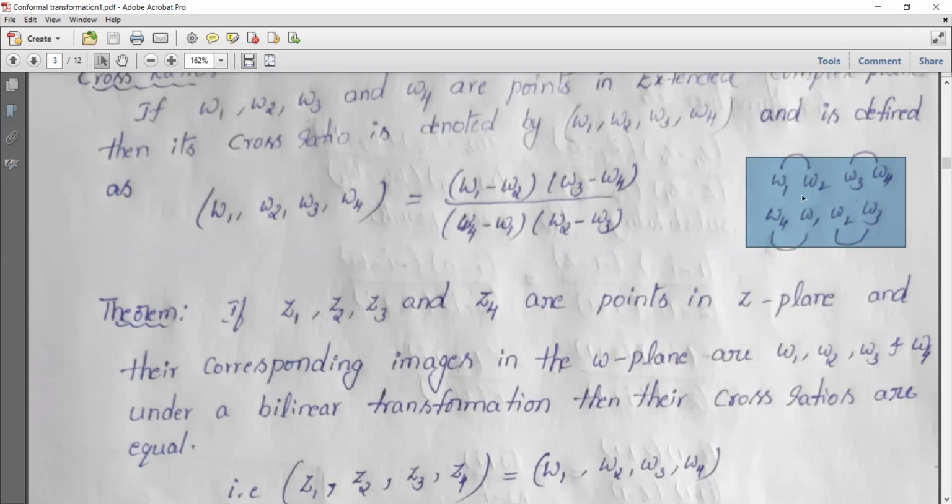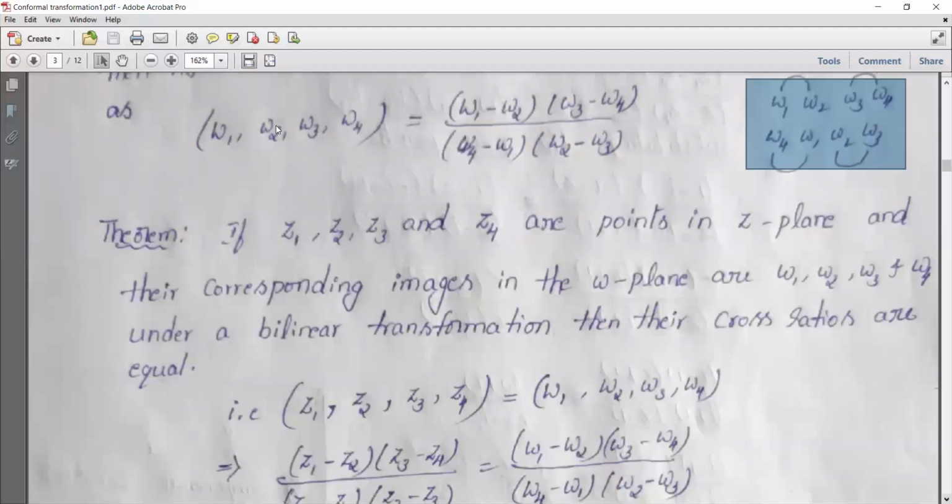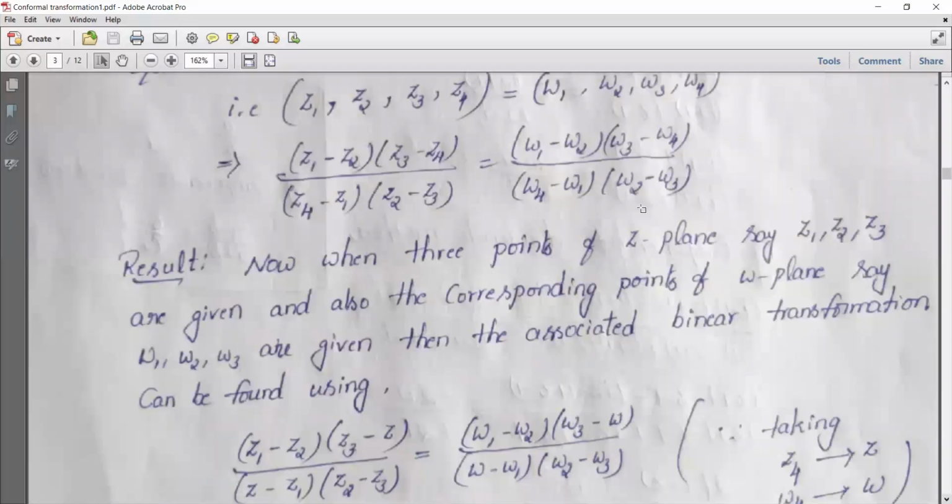With the help of this figure, you can easily write that cross ratio. No need to learn it by heart, but you should remember this formula to find the bilinear transformation.